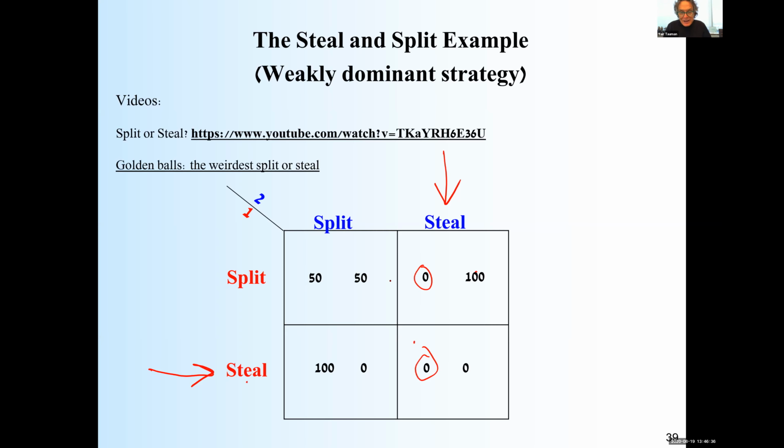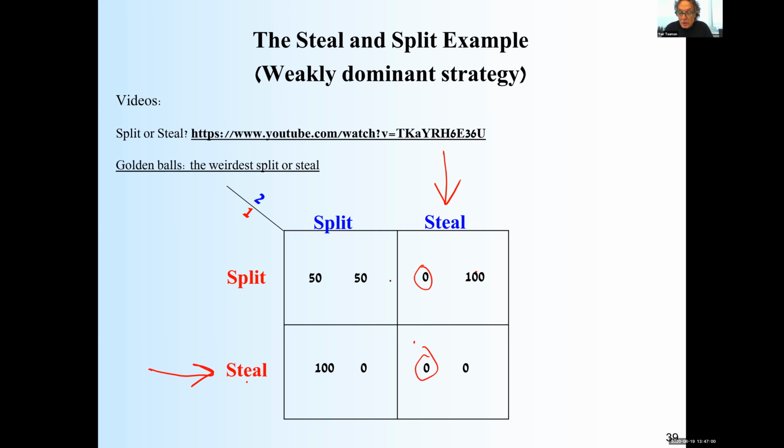But still, a rational player, in my opinion at least, if he or she has a dominant strategy, even weakly, should choose the weakly dominant strategy. Because what does a weakly dominant strategy mean? It's better than the other strategies or equal, and sometimes better.